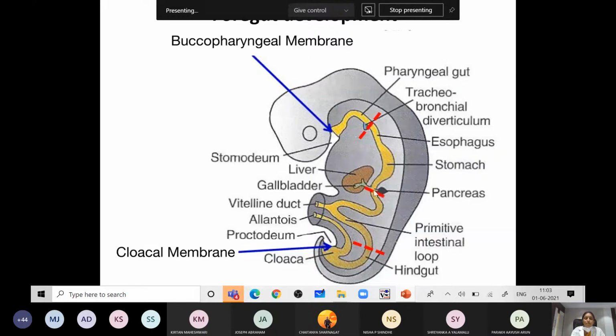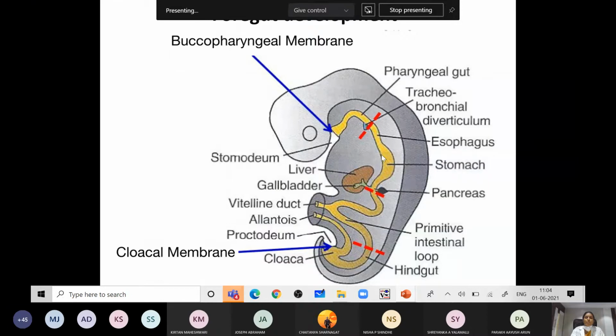In the second part of the duodenum, there is an opening called the opening of the common bile duct along with the pancreatic duct at the major duodenal papilla. So distal to that major duodenal papilla, there will be the remaining part of the second part of the duodenum. That means the duodenum will have dual origin from foregut as well as midgut. So that development of duodenum, I will deal with later.